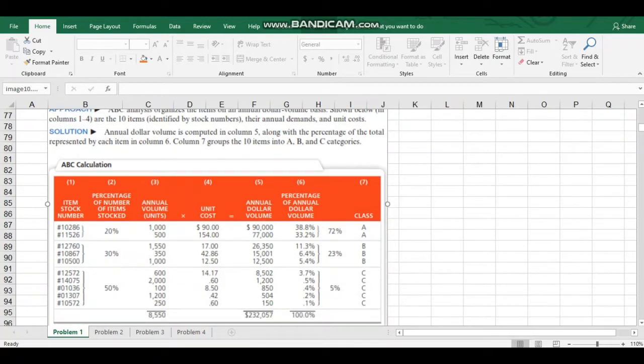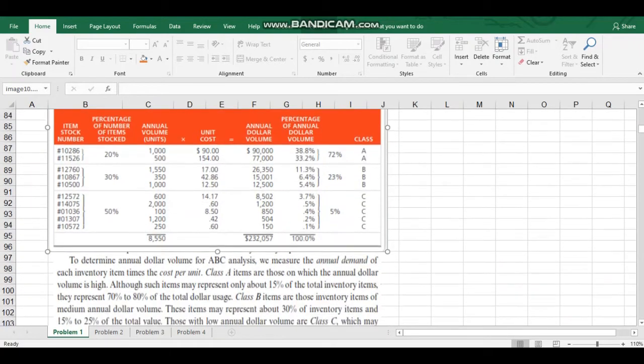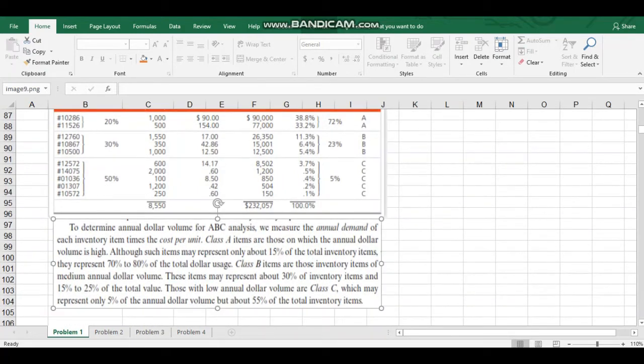Okay, so basically to determine the annual dollar volume for ABC analysis, we measure the annual demand of each inventory item times the cost per unit. So here we have 10 items, right?